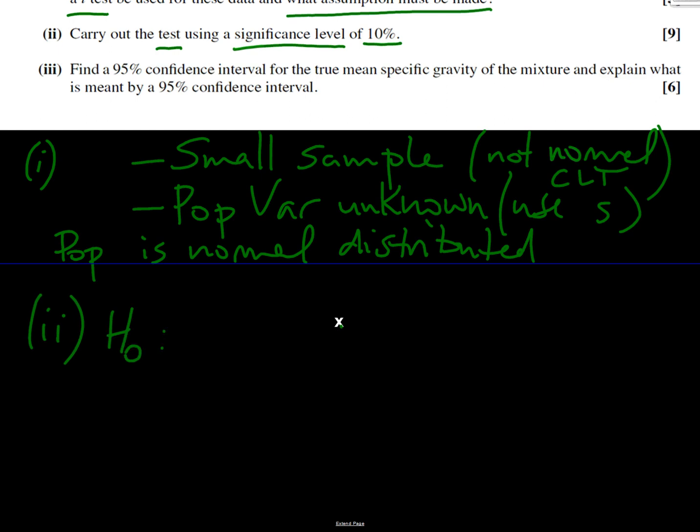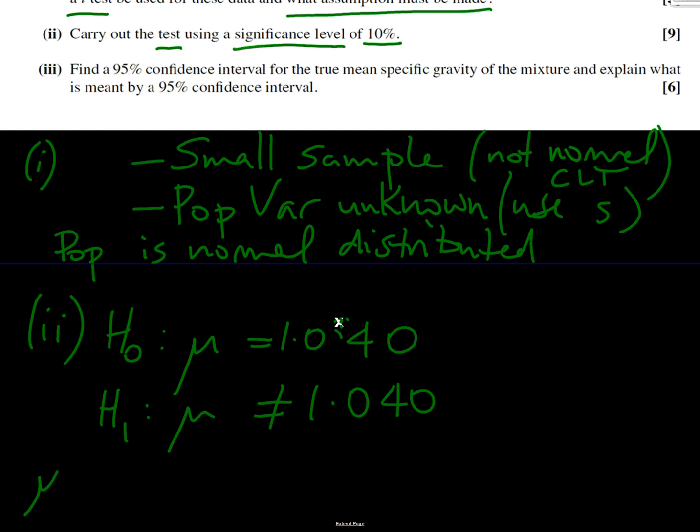In our hypothesis test, for our specific gravity, we're going to be saying that the mean, mu, equals 1.040. That allows us to do all our statistics, doesn't it? And what's our alternative? It's that the population mean is not 1.040.